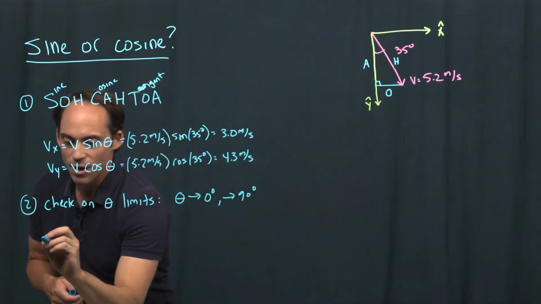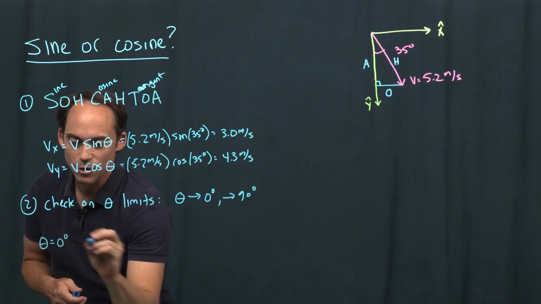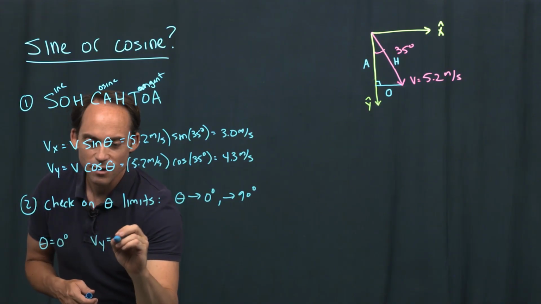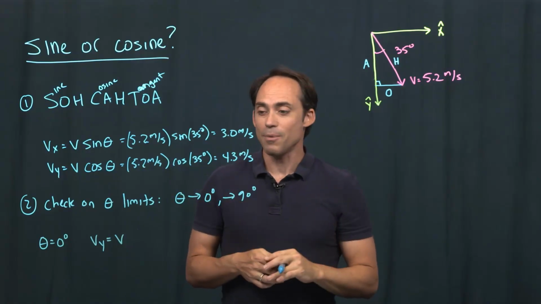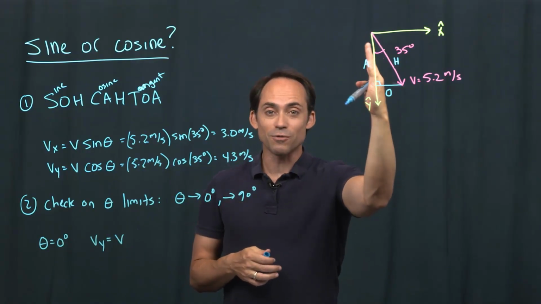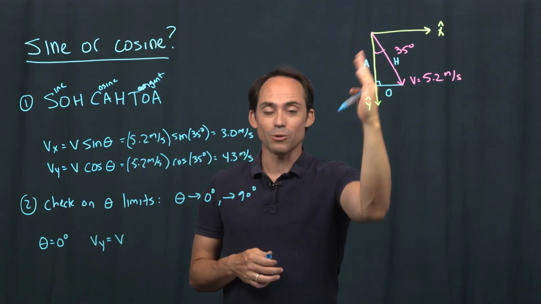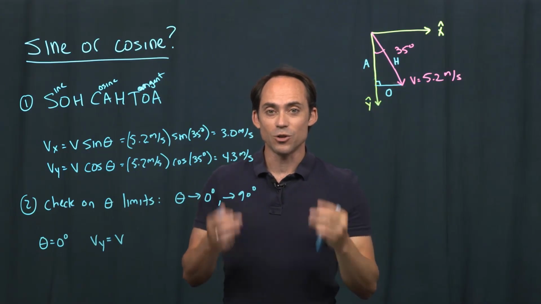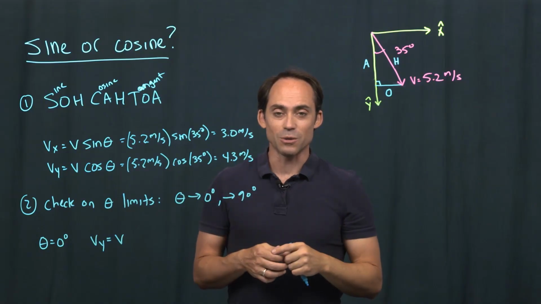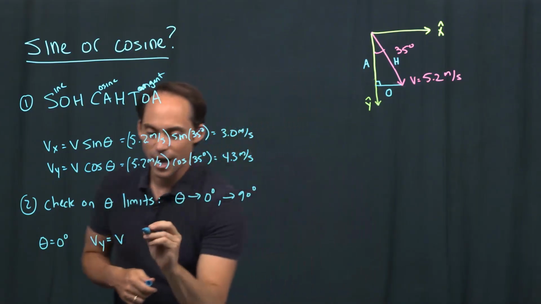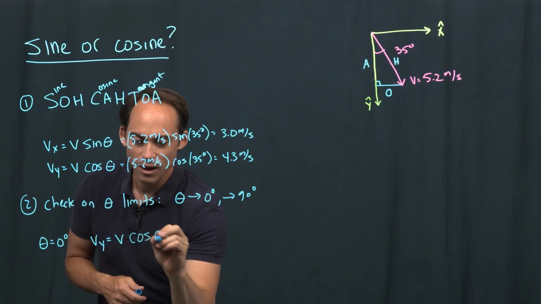And so if theta is equal to 0 degrees, then Vy is just equal to v. Now, the only way that can happen is if the trigonometric function I evaluate at 0 degrees is equal to 1. And you should know by now that, of course, cosine of 0 is equal to 1, sine of 0 is equal to 0. So this has to be a cosine theta.